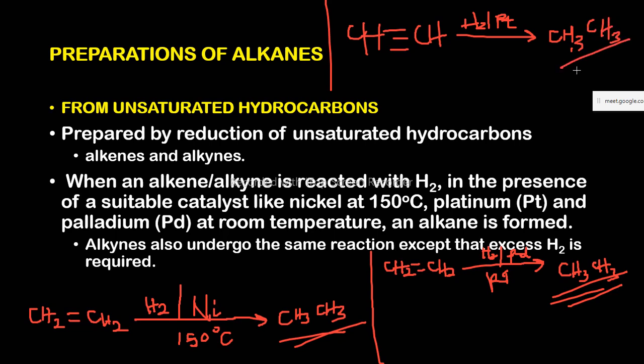Otherwise, if the hydrogen is limited, then you produce a mixture of alkene and alkane, which is not effective. You want an alkane, but you have some double bonds that have not been replaced. So the hydrogen, therefore, must be in excess.